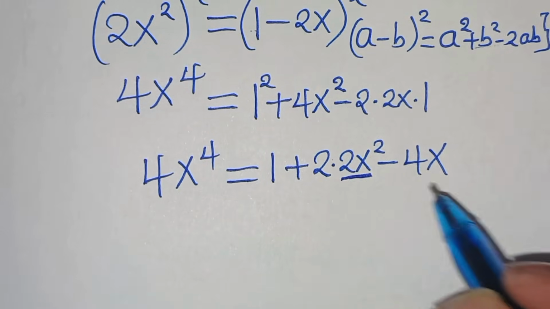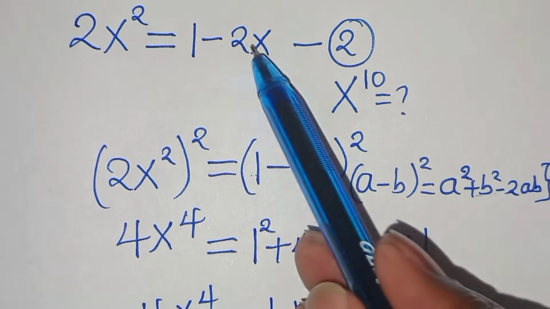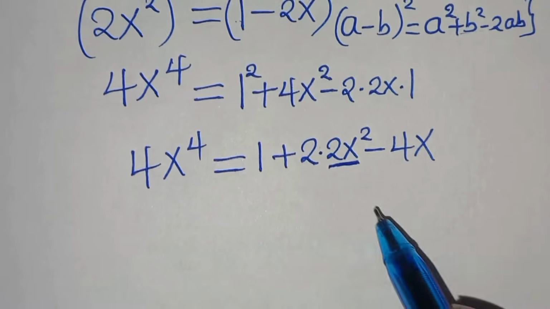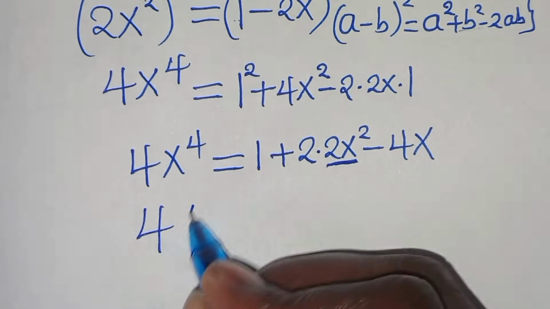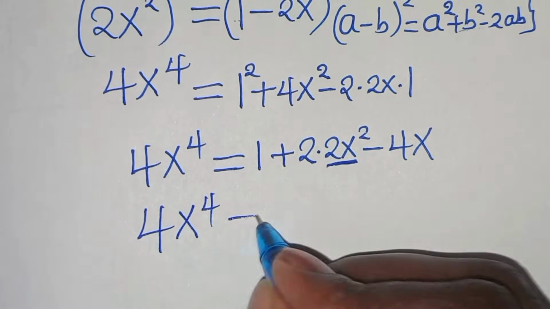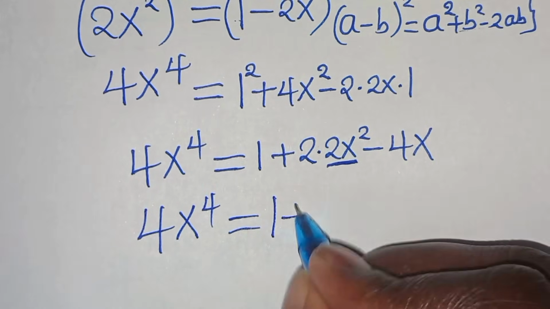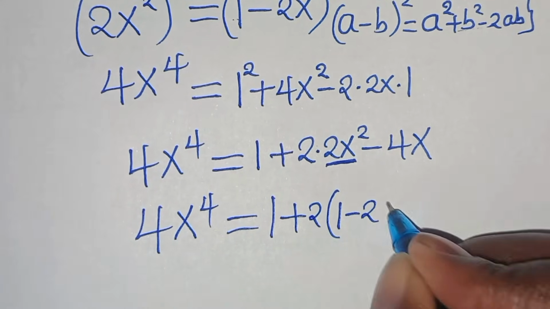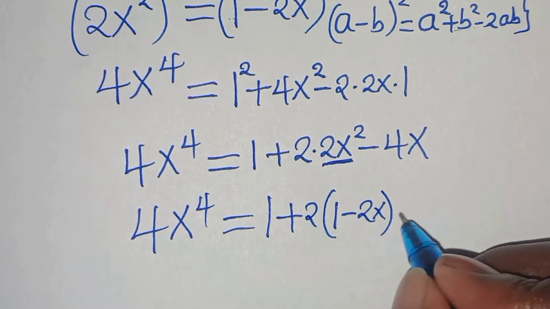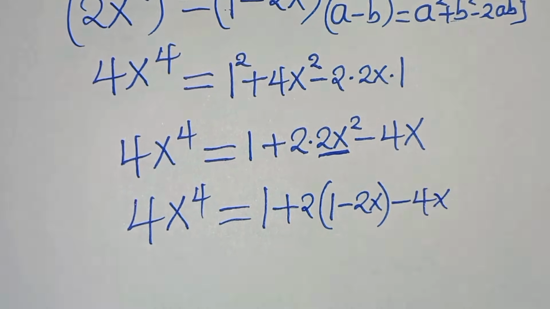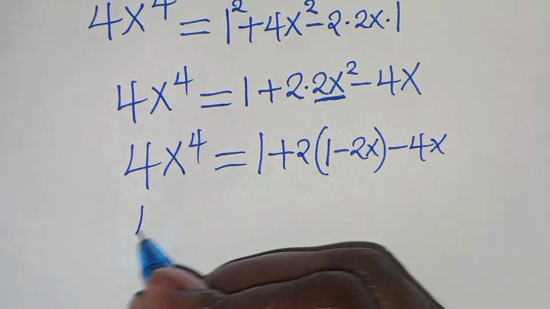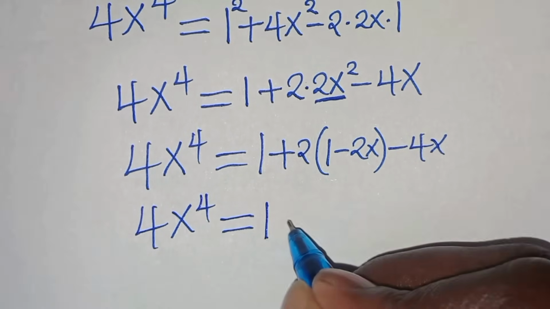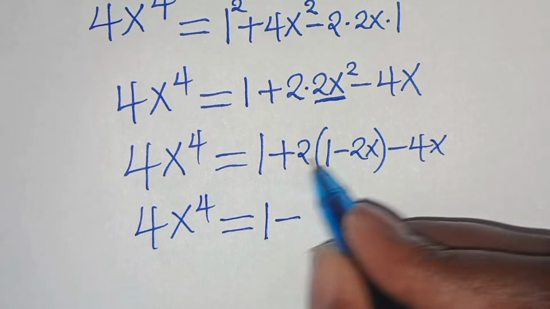2x squared is what we have in equation 2, which is 1 minus 2x. So let's substitute 1 minus 2x. So this is 4x to the power of 4, equal to 1 plus 2 in parentheses 1 minus 2x, minus 4x. Let's open the parentheses here.